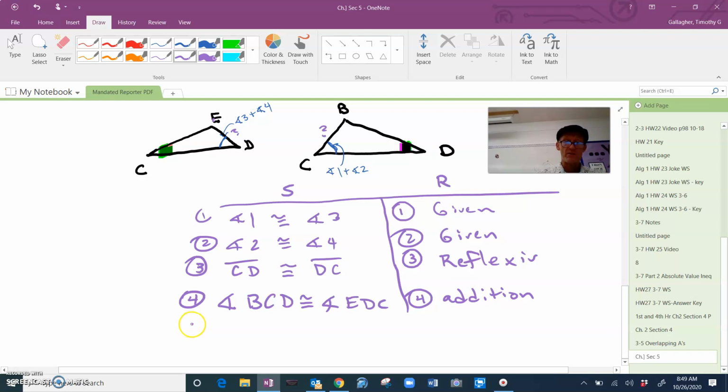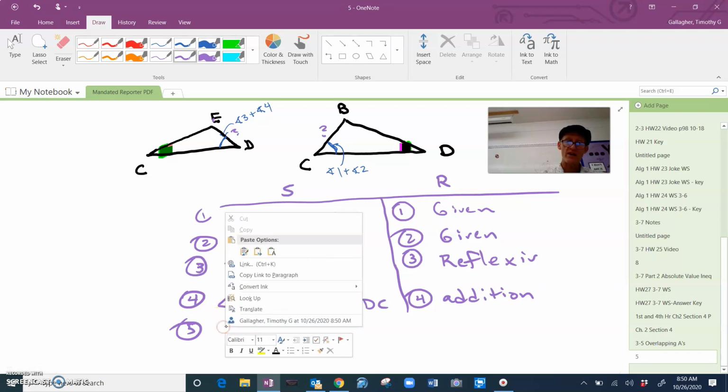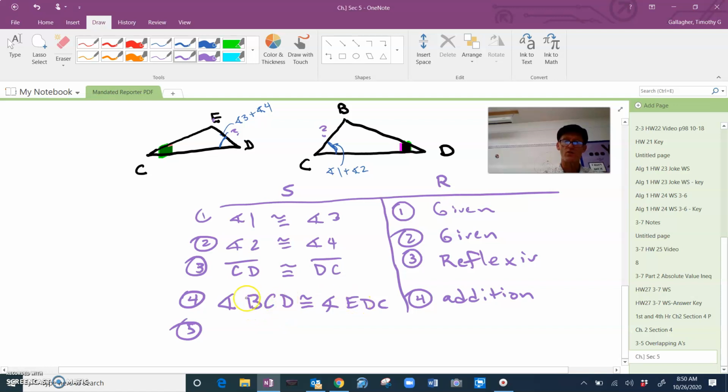The fifth step in this proof would be that the triangles are congruent by angle side angle. Okay? So, I can just use the order of the angles. Triangle BCD is congruent to triangle EDC, and that is by angle side angle.